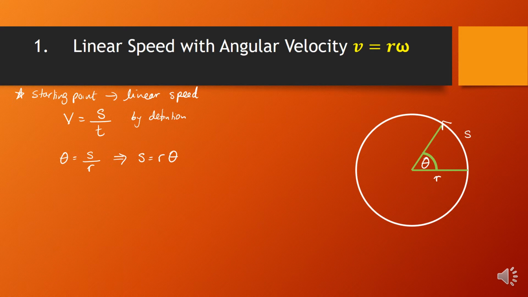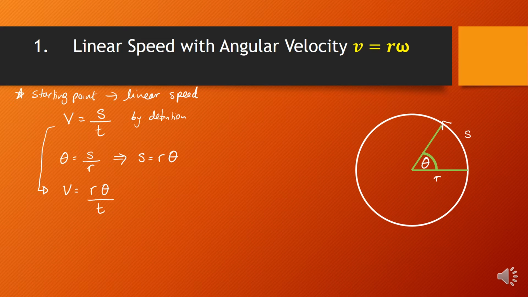What we're going to do now is substitute s in our first equation at the top. So now we will have v equals, instead of s, r theta, divided by t.